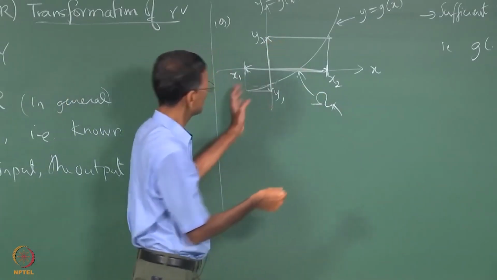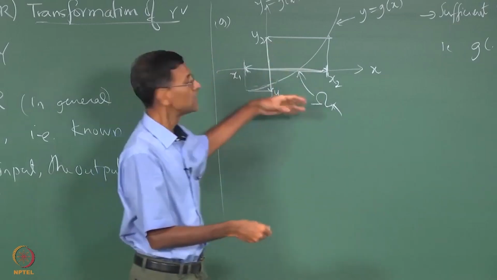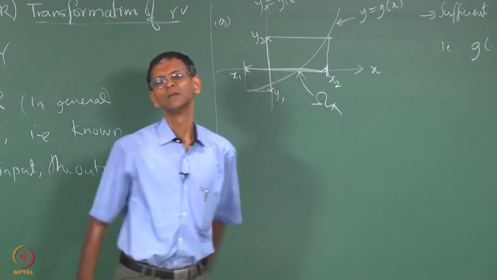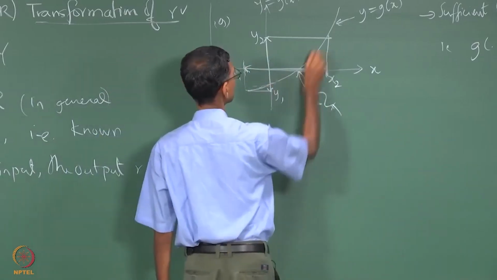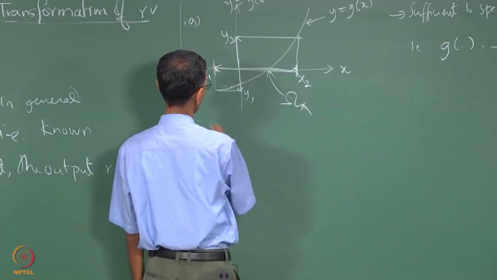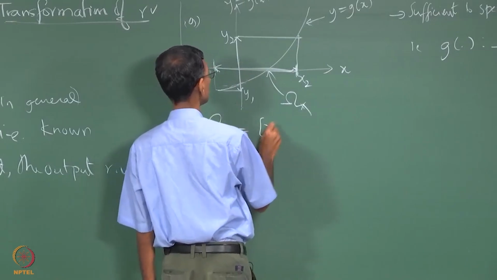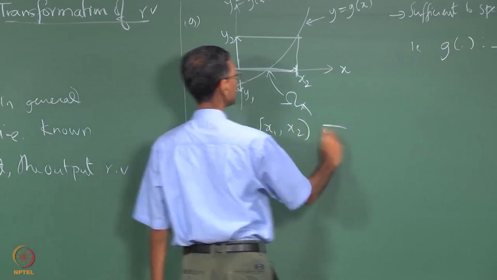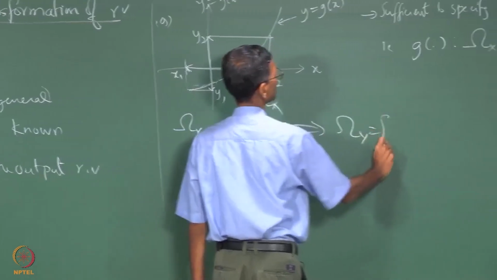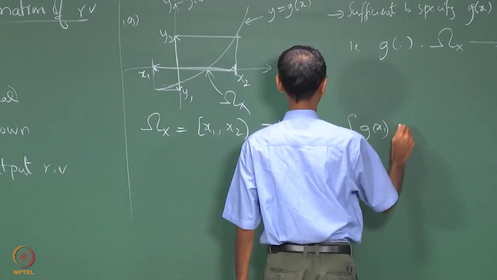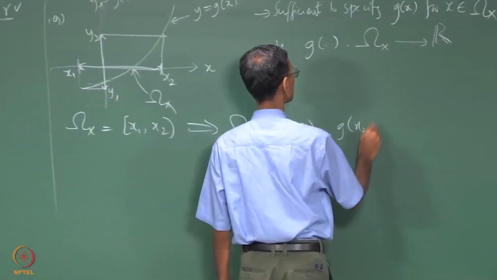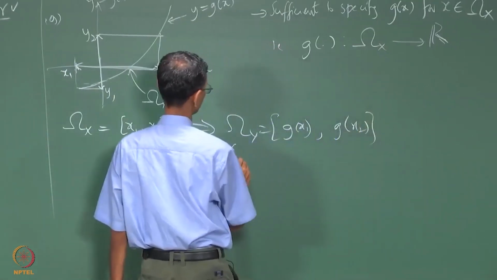Of course, in general, even if it is not monotonically increasing, you can still identify the range y1 to y2. This is easy to draw, so I am drawing it. So, omega x equal to, let us say, a closed interval x1, x2, implies that omega y will be, for monotonically increasing g, g of x1 to g of x2.